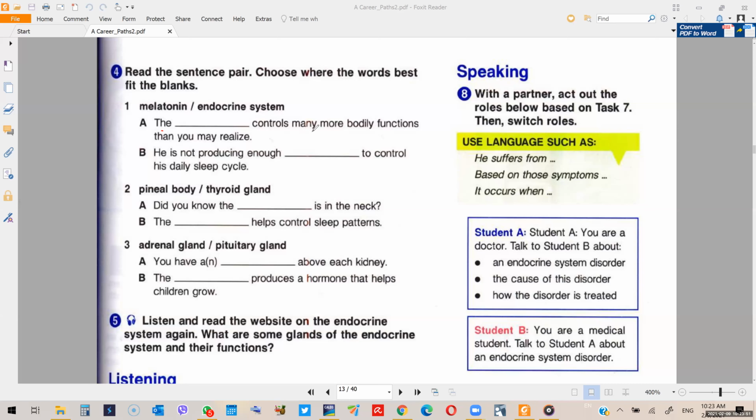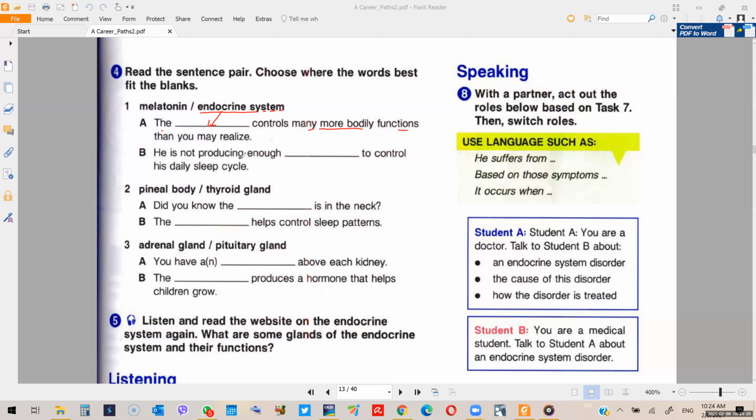What is number 1? Number 1 is not the melatonin, no. So number 1 is: the endocrine system controls many more bodily functions than you realize.